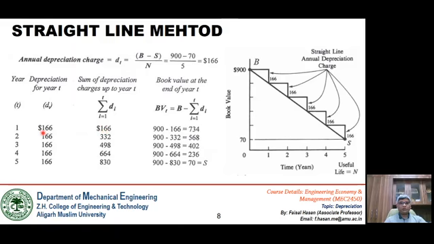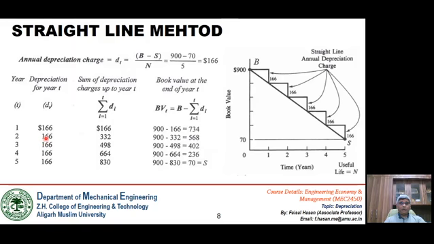You compute this from the initial book value, which is basically the cost basis. If we subtract the two, this gives us $734, the book value at year 1.